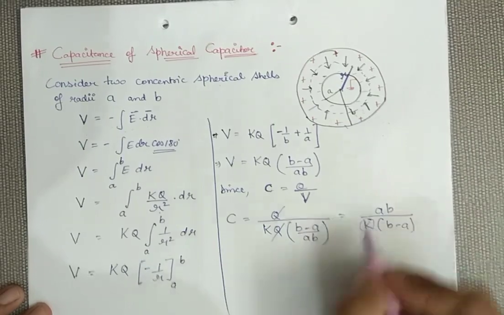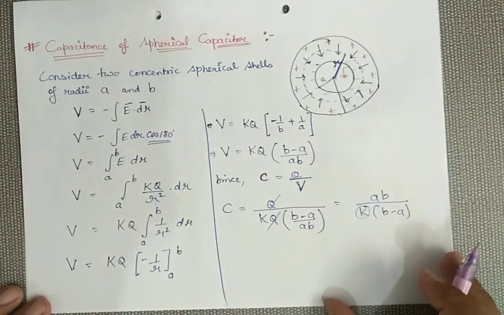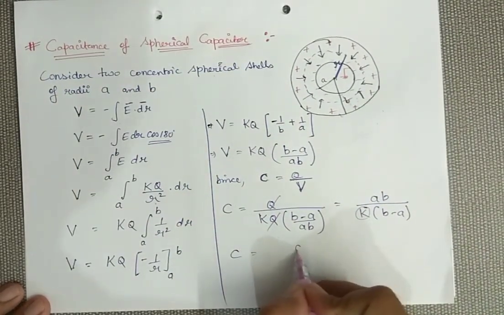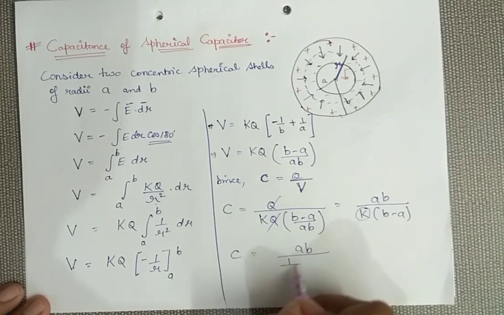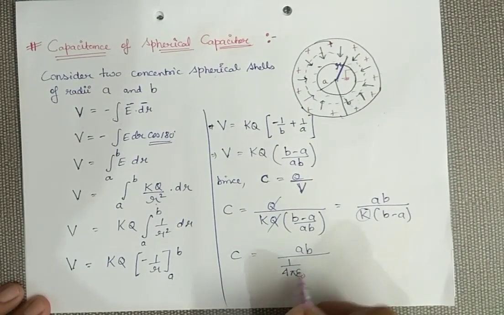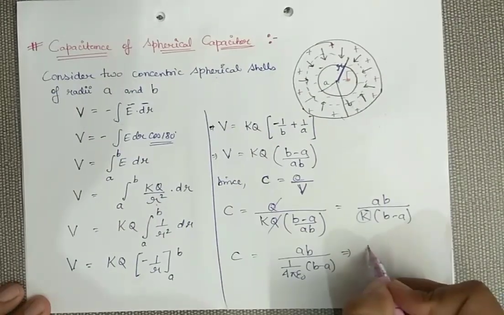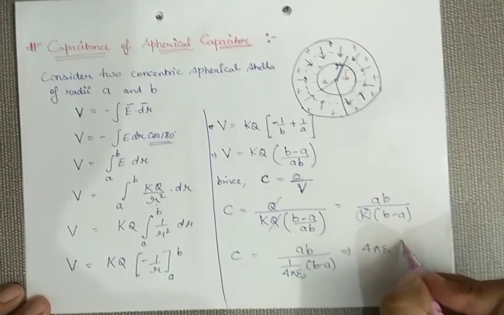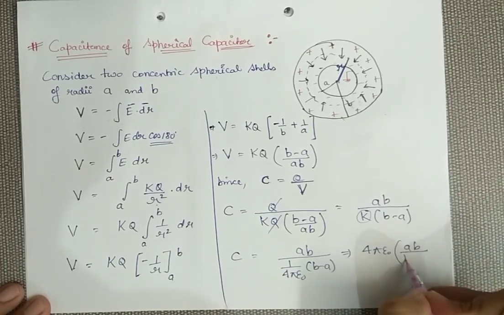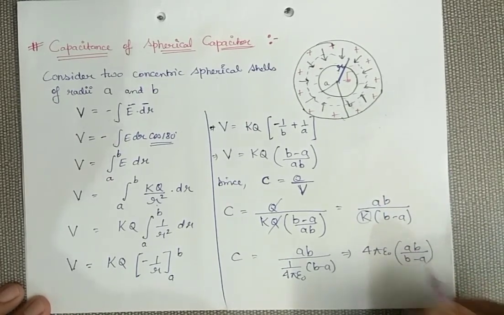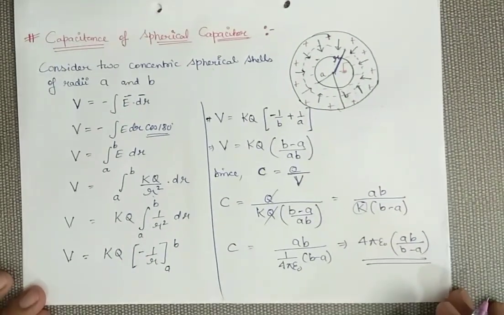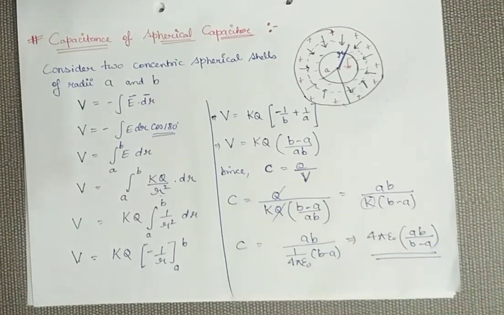If you remember this k from the first chapter, this k stands for 1 upon 4 pi epsilon naught. So your final expression will be 4 pi epsilon naught ab upon (b minus a). So this is the final expression for spherical capacitor.